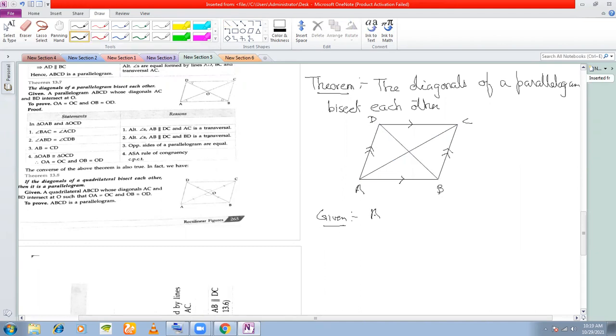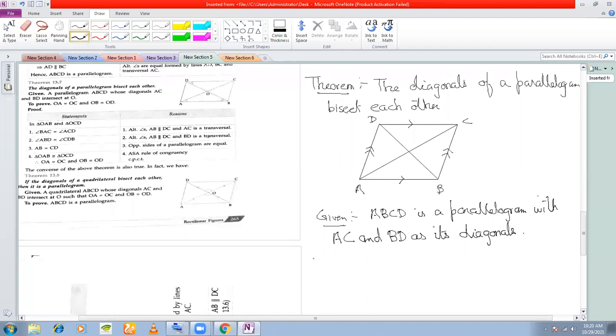So ABCD is a parallelogram with AC and BD as its diagonals.